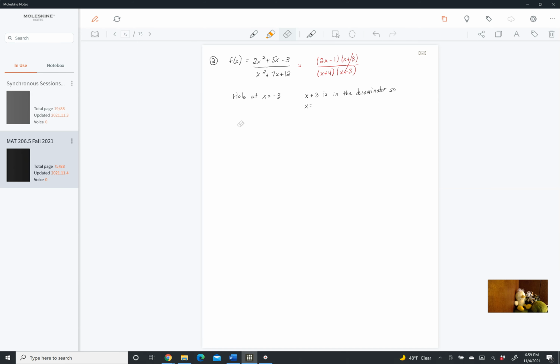So x equals negative 3 would make the denominator 0. But x plus 3 cancels. So it is a hole and not an asymptote.